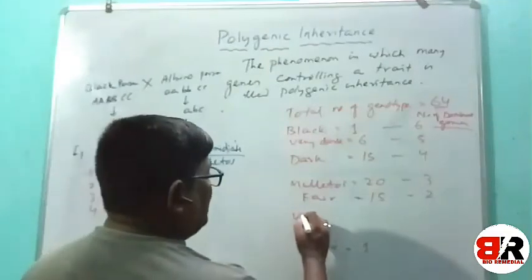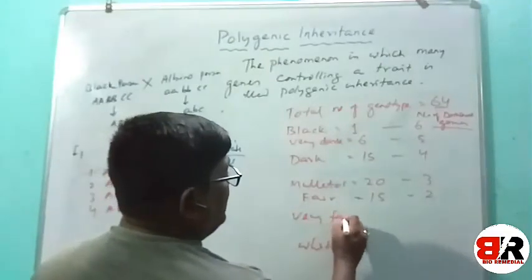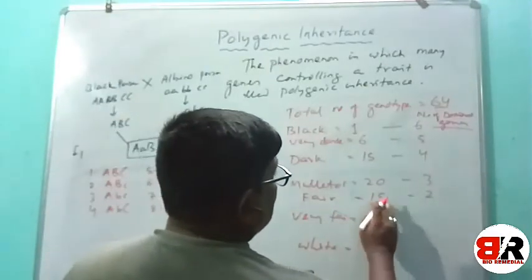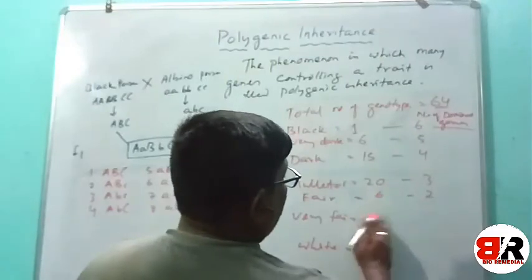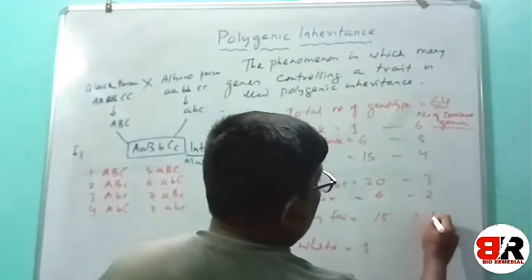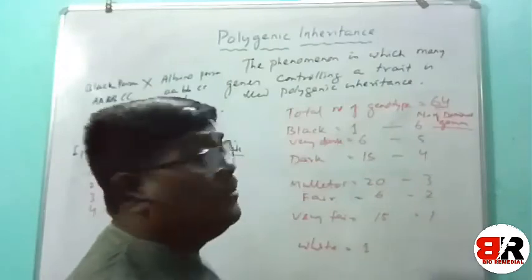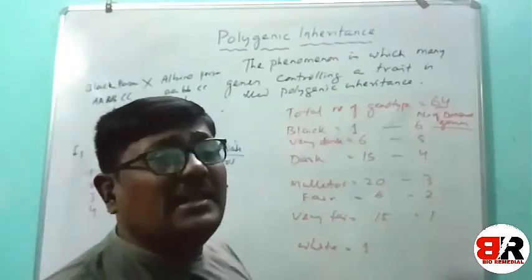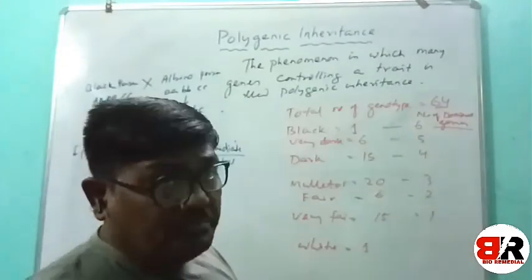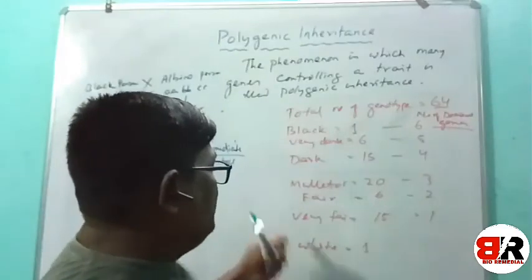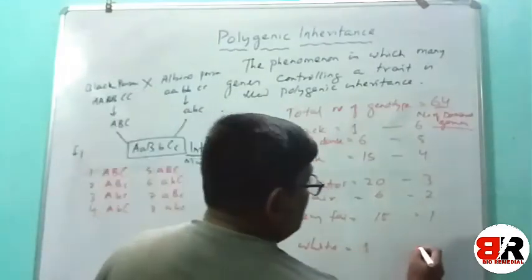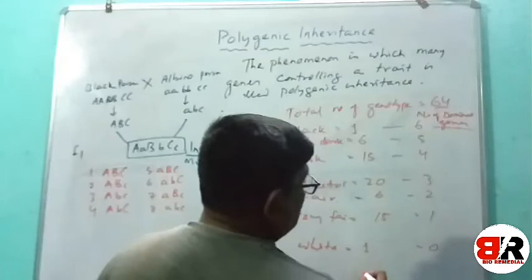Then very fair, another group we will find, that will be 6. Then very fair will be 15, which contains only 1 dominant gene, so very little melanin will be formed. Finally this will be 0. The dominant gene will be 0.